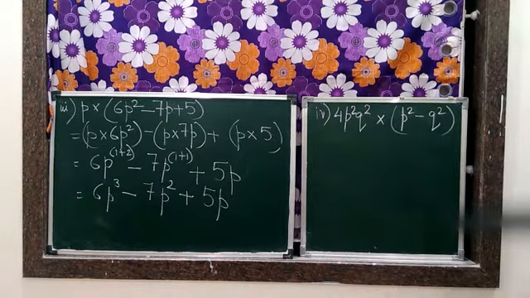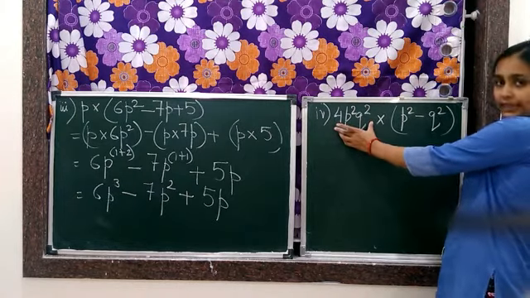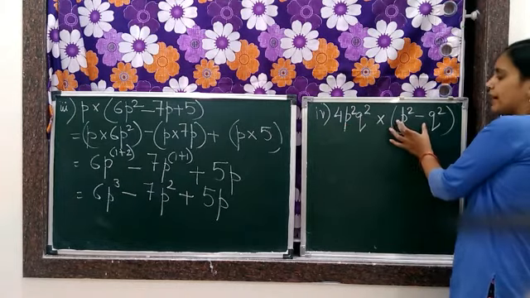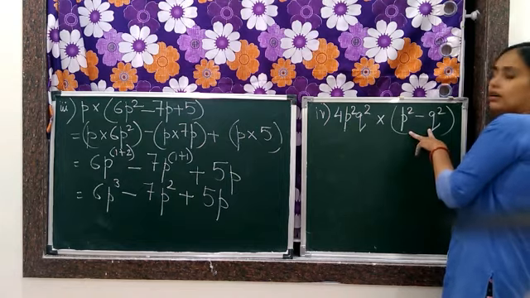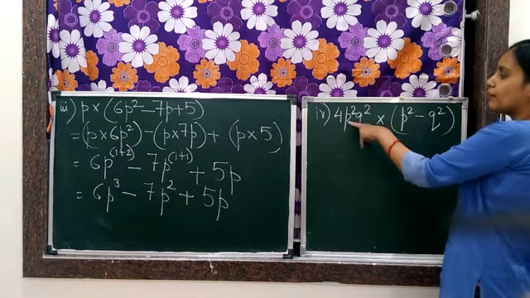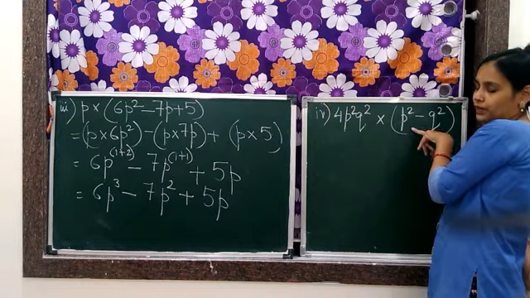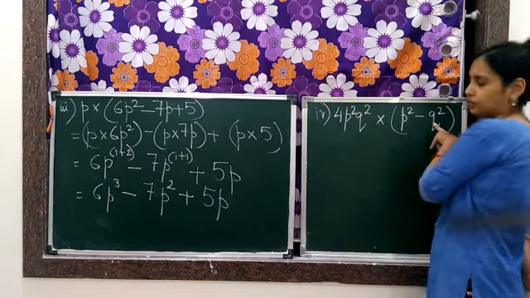The term of the monomial, that is only one term, will be multiplied to the first and the second term of the binomial. That means 4p square q square will be multiplied to p square and then to q square.